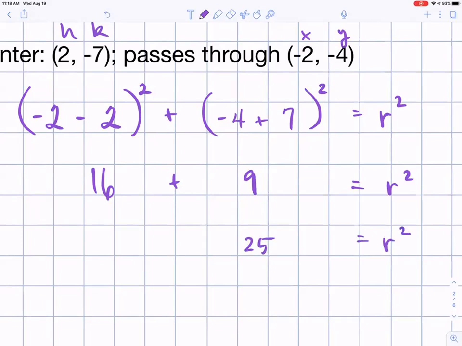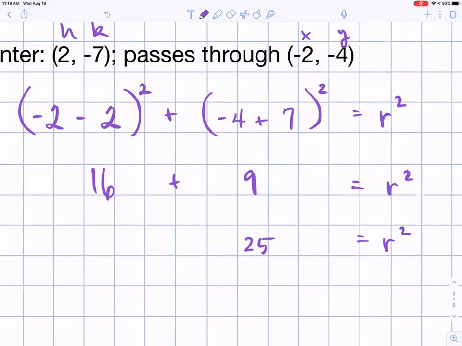What's my goal here? I'm trying to get my standard equation. Does my standard equation require an r, or an r squared? Go back to your standard equation. Yeah, it requires an r squared. I have my r squared.